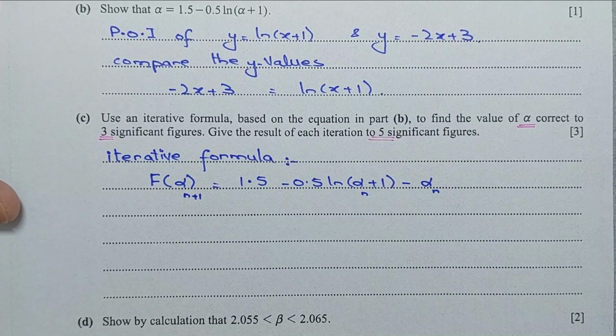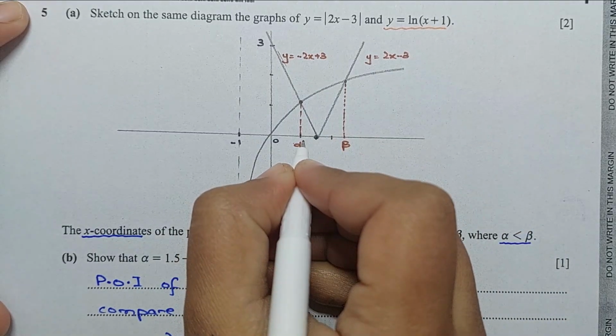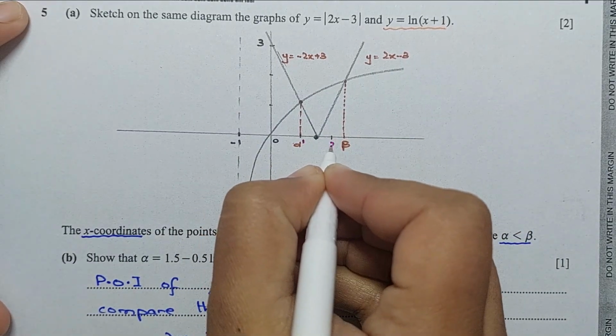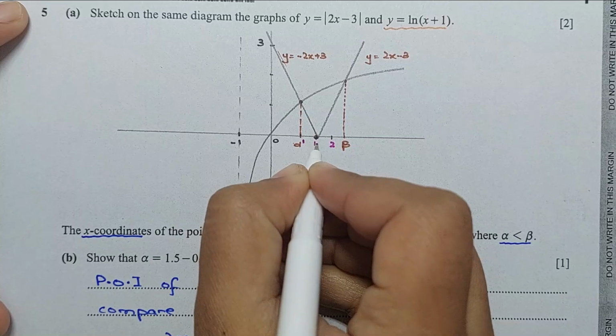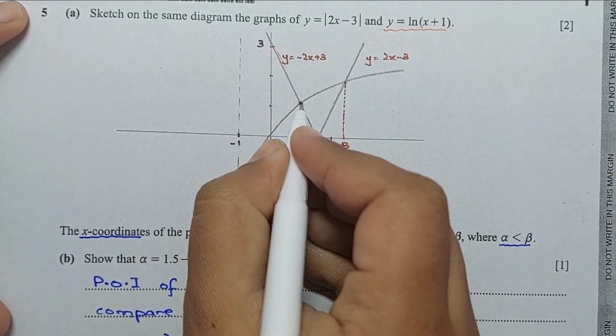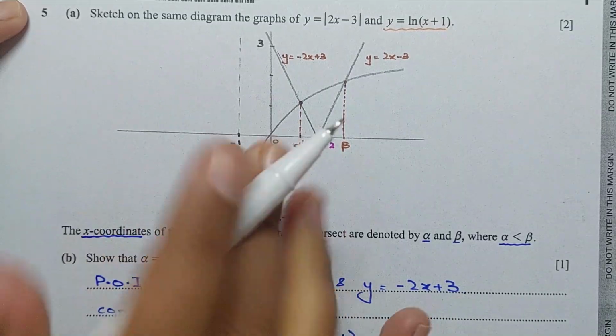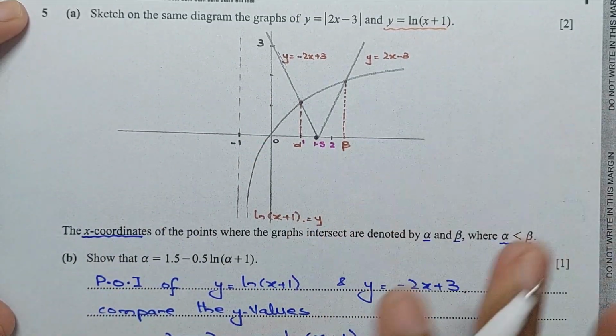So how do we guess the initial value? As you can see, this point is 1, this point is 2, this point is 1.5, right? So what is the value for alpha from the graph? It is not exactly 1, sorry, this is just a sketch, not the exact graph.